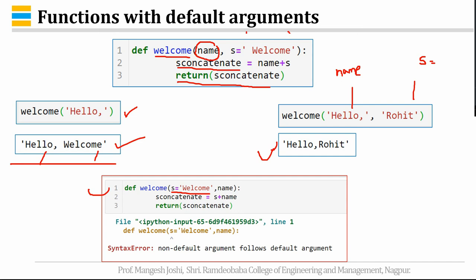Whenever you write a default argument first, it will definitely give you an error: non-default argument follows default argument. So first you have to give your normal passing arguments, and then you have to give default arguments.